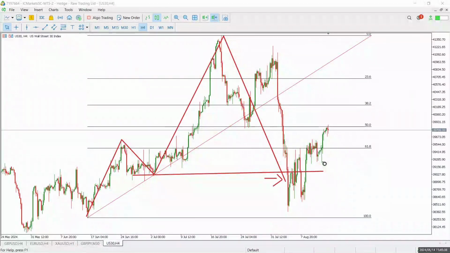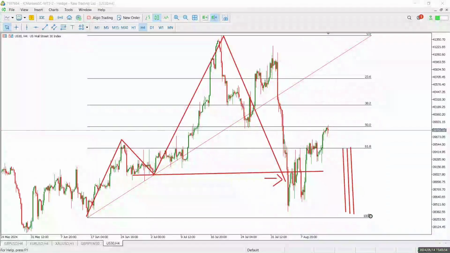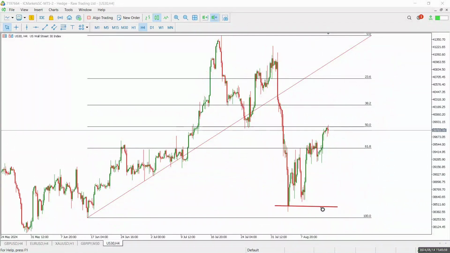Instead, we'll be waiting for a buy opportunity because it's important to note that all of these levels below the 61.8 are also regarded as 61.8 as a zone because all of these levels are also key reversal areas, and if price gets to any of these levels, it can send price back to the top. Okay, so this level is still regarded as a key reversal area. So we are still within this fractal.